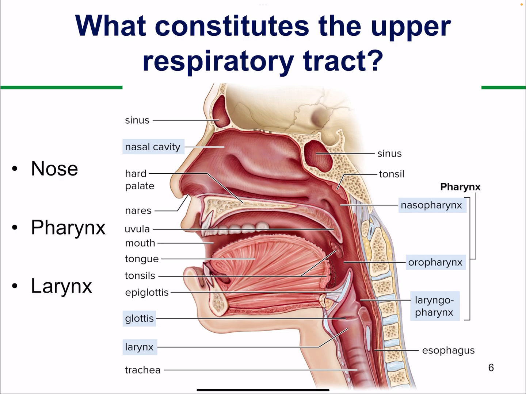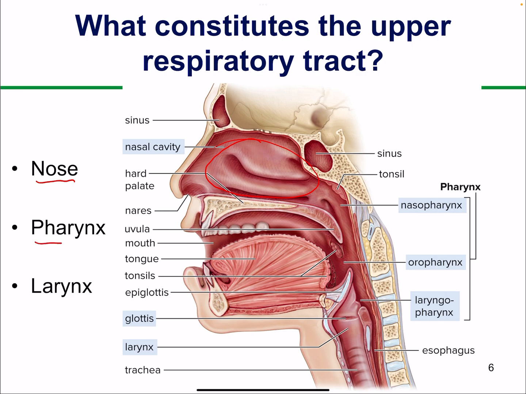Now, the upper respiratory tract is made up of the nose. We have the nasal cavity, right? I'm not going to bug you with the structural details, but the nasal cavity is an area filled with mucus and hair and a lot of blood vessels. All of that is very important for trapping foreign particles, for moistening the air, and for warming the air up.